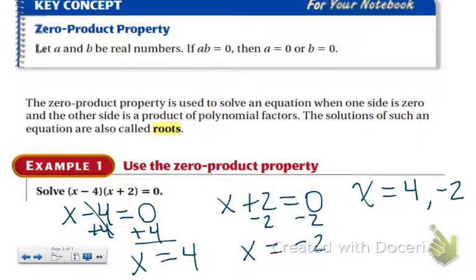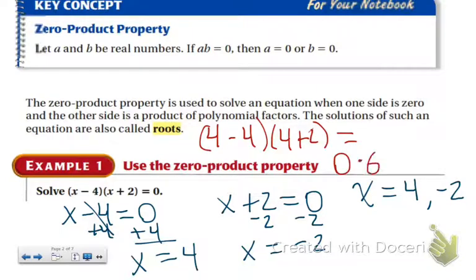Okay, and think about that. If we plugged it back into that equation, either one of those, we would get 0. If we did 4 minus 4 times 4 plus 2, well, 4 minus 4 is 0, 4 plus 2 is 6, 0 times 6 is 0.